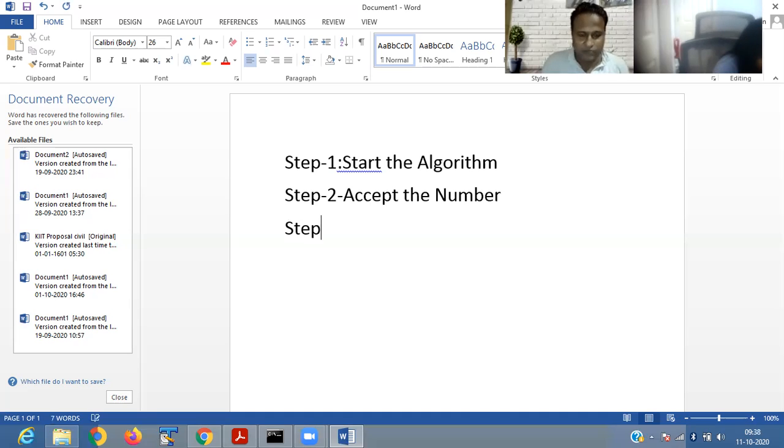Then step 3 is what? First is start the algorithm. Second is accept the number. Then we divide the number by 5.